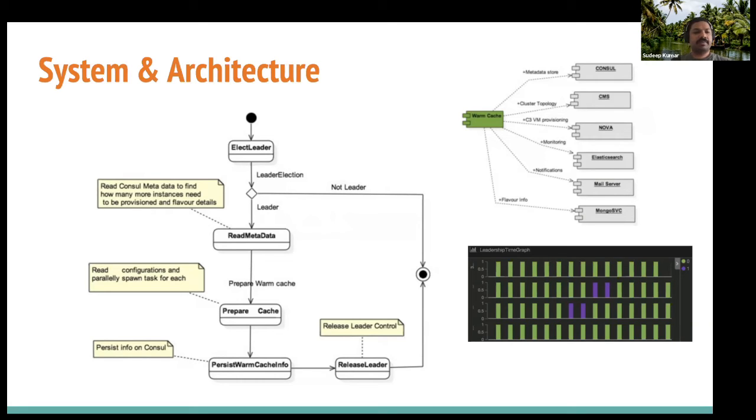It will not build all the VM caches, so say 100 VMs or 50 VMs at a time. Based on that, it will prepare the cache, persist the cache info, and relinquish the leader lock. At some point, some other leader node which is also participating in leader election can become a leader and go ahead and create those rules over a period of time.